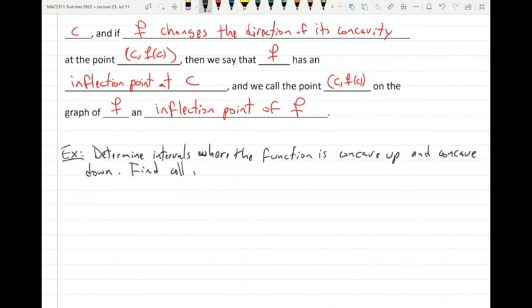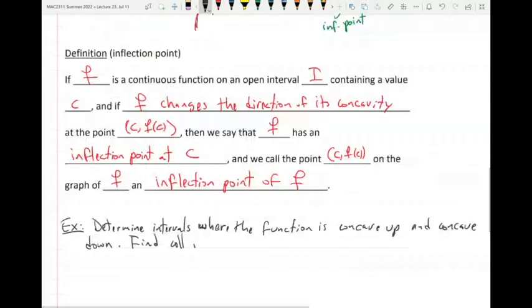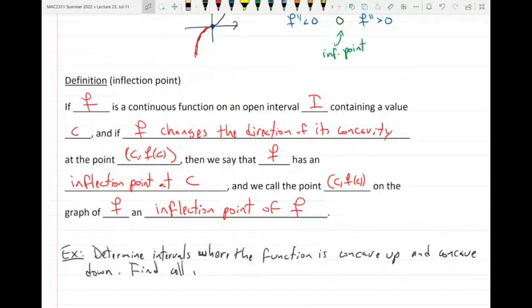Now it goes without saying because of this, right? This is a point on the graph because you're plugging in, so this has to be a point in the domain and all of that business. Okay, there's something that's missing in this definition that's important. Remember, we're going down to a second derivative.